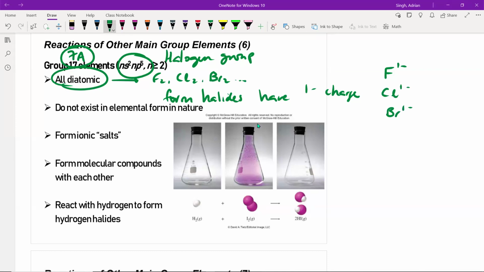And that's because of their high ionization energies. They don't want to lose electrons, but instead they have large, energetically favorable electron affinities. All right, so it's way more favorable for them to gain that 1 electron than it is to lose any other electrons.